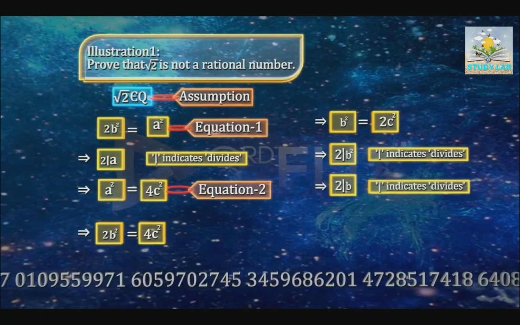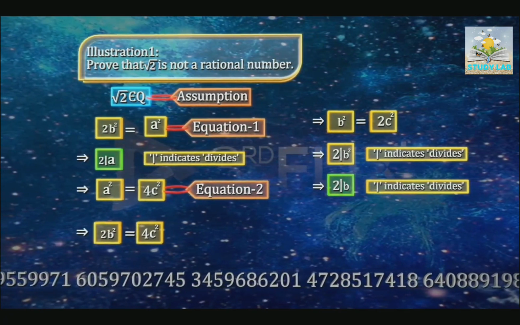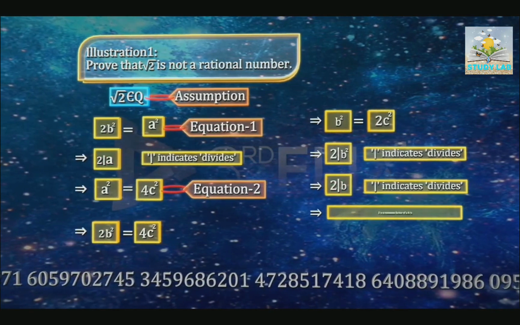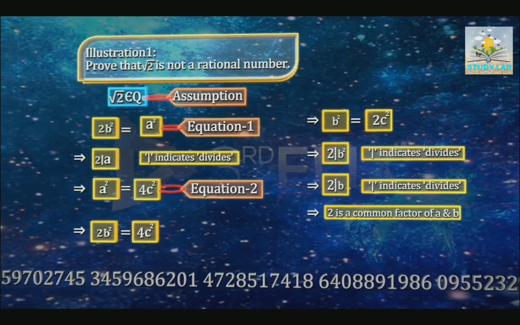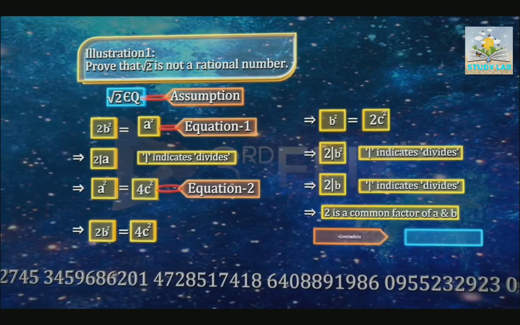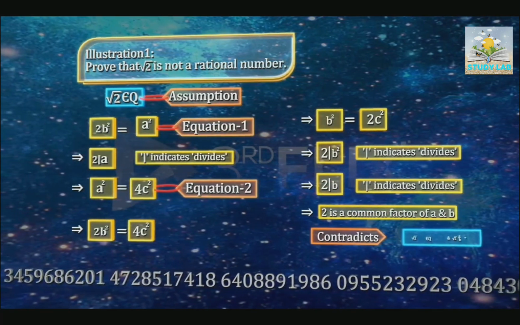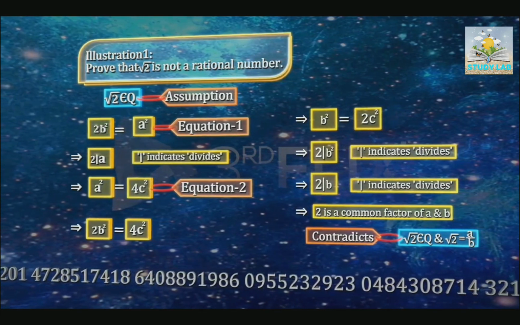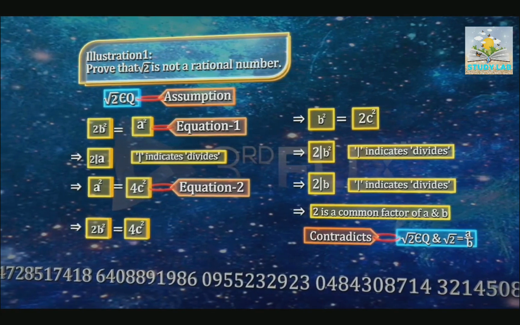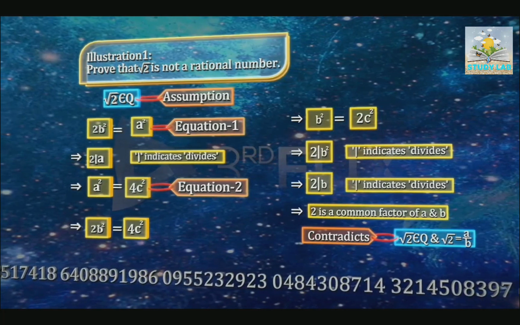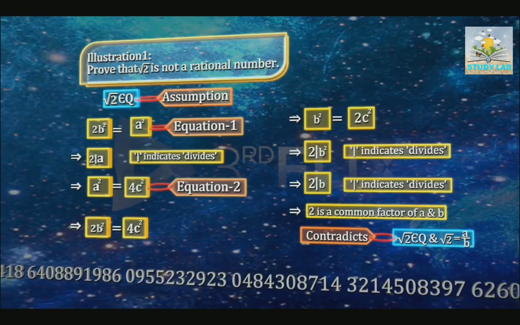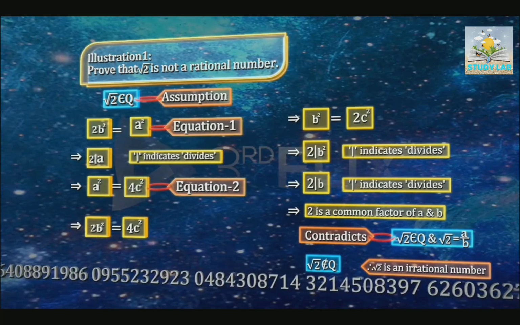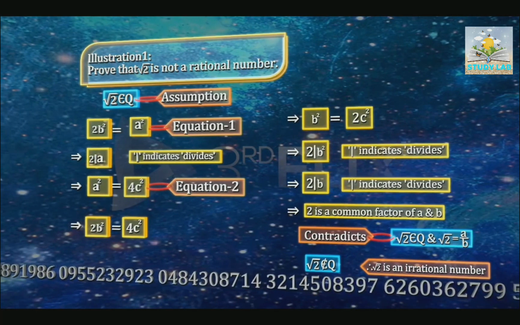Now 2 divides a and 2 divides b implies 2 is a common factor of a and b. This contradicts our assumption that a and b have no common factor other than 1. So, our assumption that square root of 2 is a rational number is wrong. Therefore, square root of 2 is an irrational number.